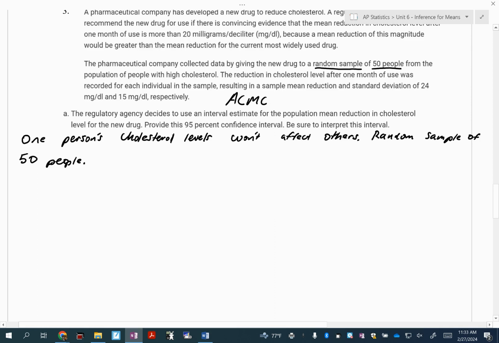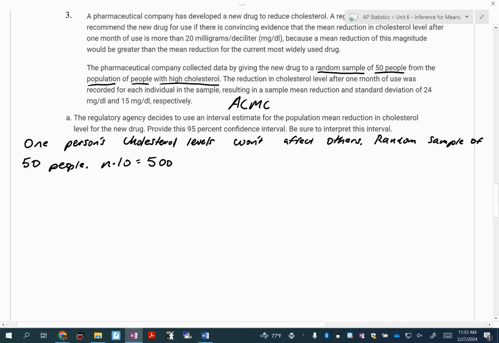Okay. And then to do the 10% condition, if I do n times 10 equals 500, it says the population is people with high cholesterol. So it doesn't say like the United States or the state of Texas, or I have no idea what their population is, but I'm going to assume this is the United States.